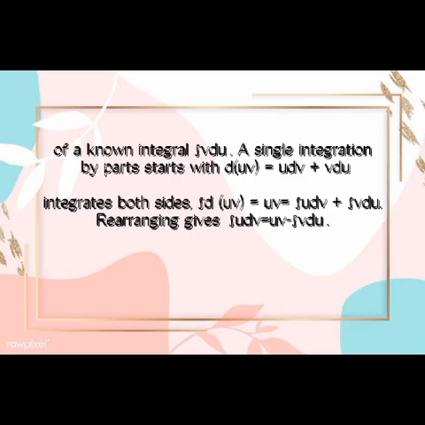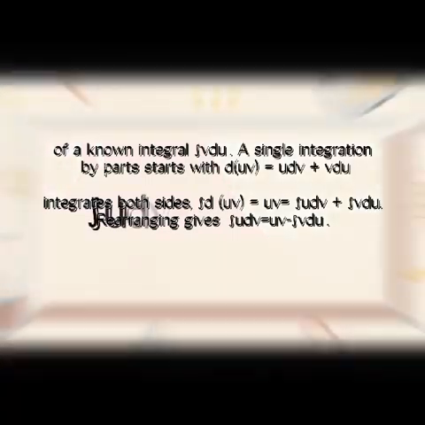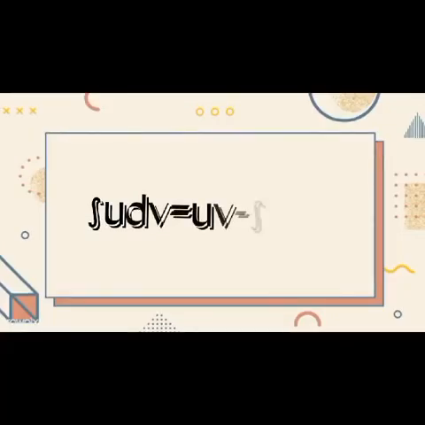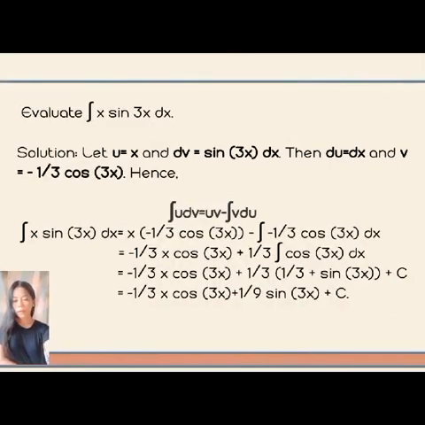The integral d times uv is equal to uv, then is equal to the integral u dv plus the integral v du. We know how rearranging gives the formula now. The integral u dv is equal to uv minus the integral v du. So here's the example, given the integral of x sine 3x dx.